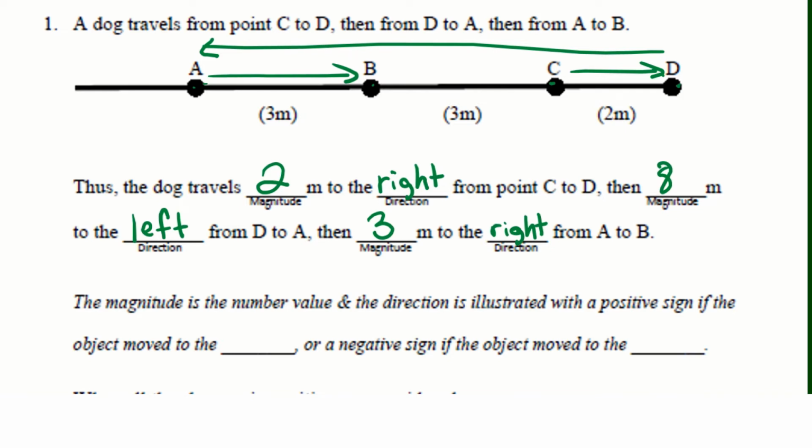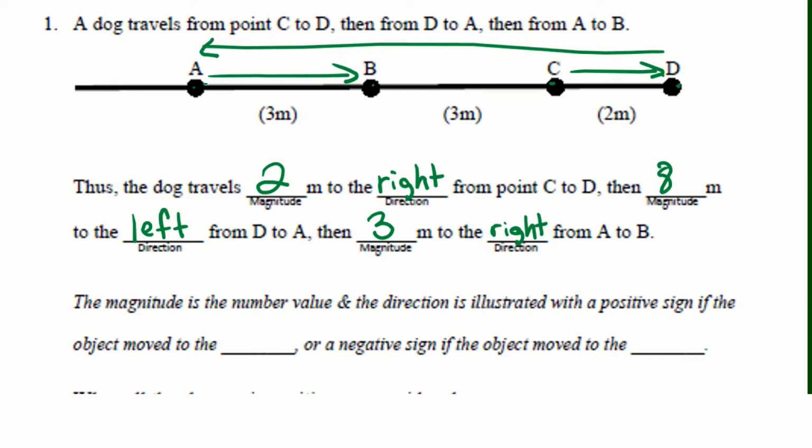it's much easier for us to shorten the way that we're describing the direction. So often, instead of writing out that it moved to the right, we often use either a positive or a negative sign. So when we are trying to illustrate something that moved to the right, we use a positive sign. When we're trying to illustrate something that moved to the left, we use a negative sign. Same thing goes for up and down.